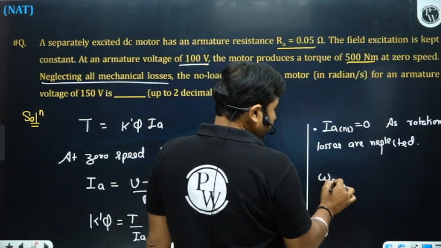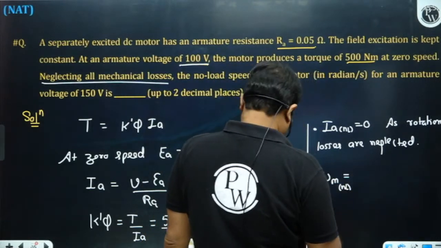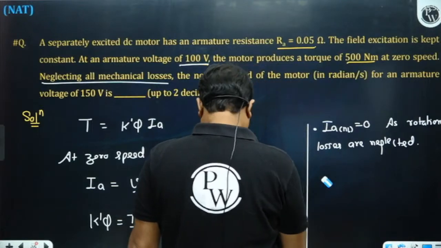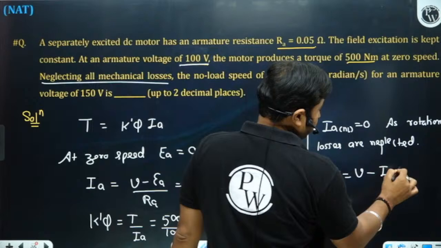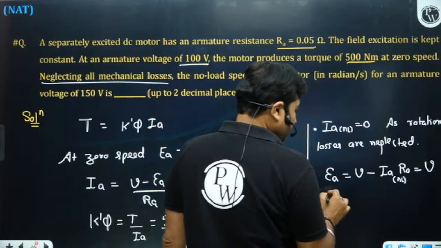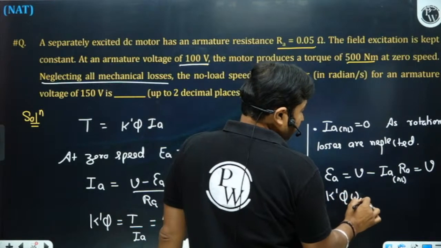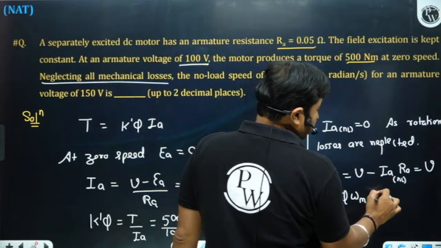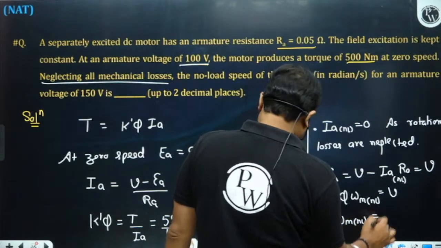So omega m under no load condition: EA is equal to V minus IA RA. Under no load condition, if this is 0, then EA is equal to V, and EA is K dash phi omega m. So omega m under no load condition is equal to V by K dash phi.